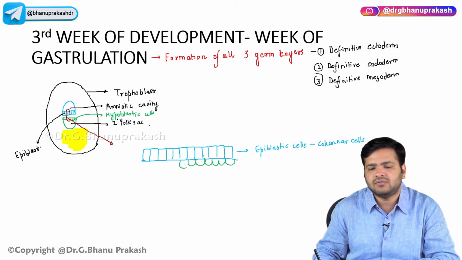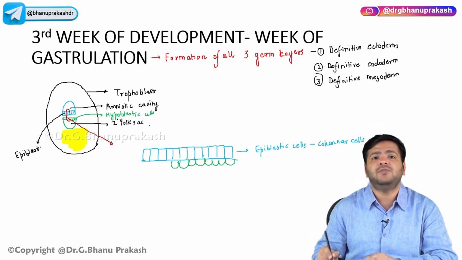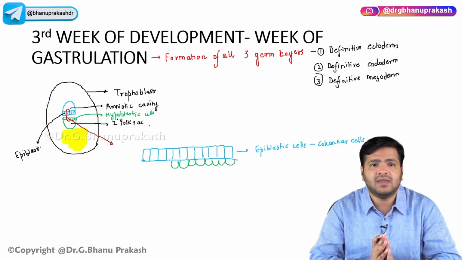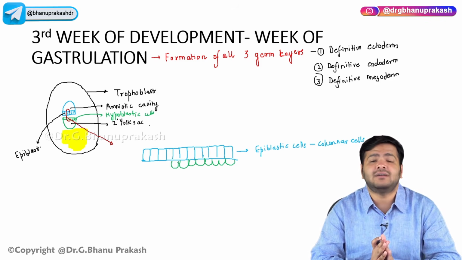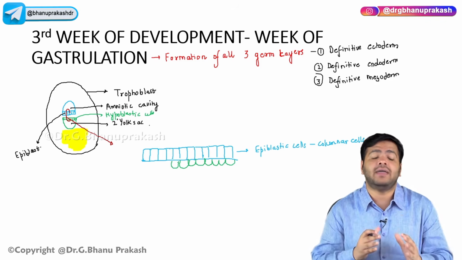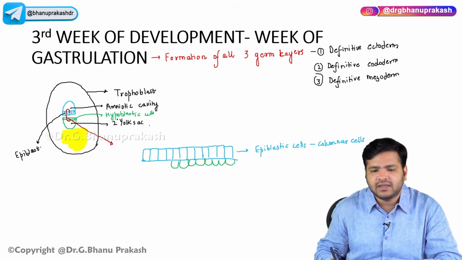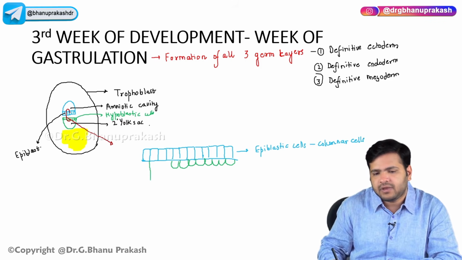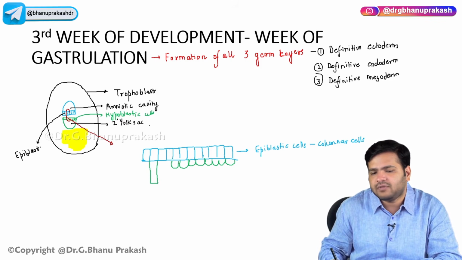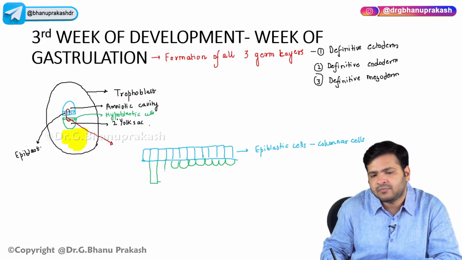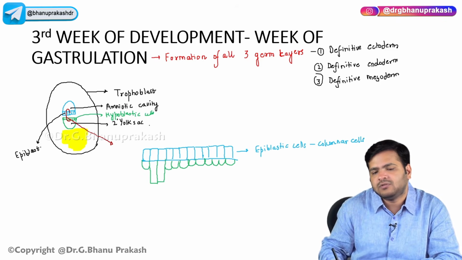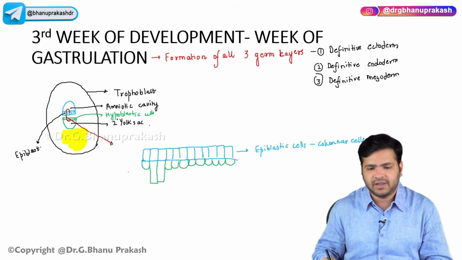Yes, these cuboidal cells. Now a few cuboidal cells, at one end of the embryonic plate, will become elongated in shape, and this is called the procordal plate, right?